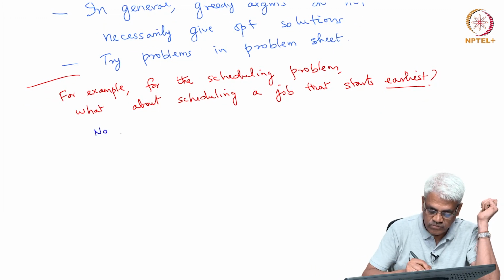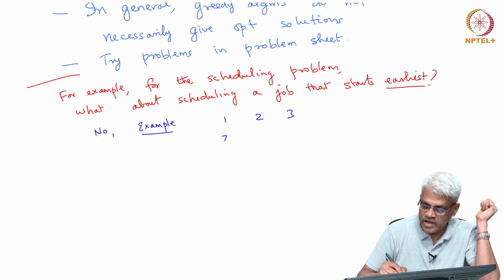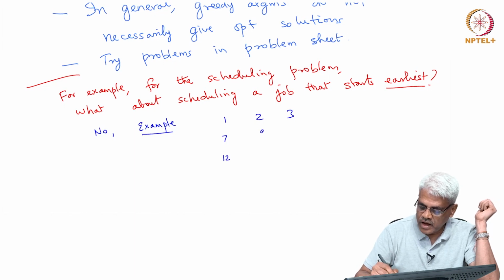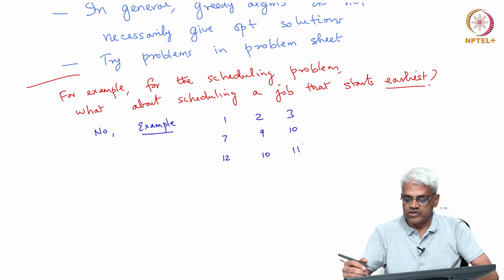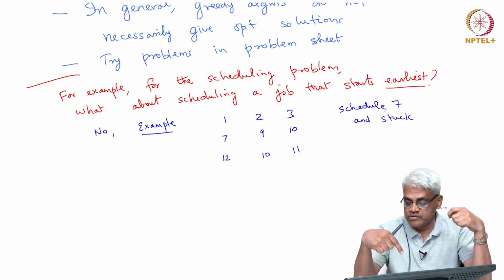Okay. But let's say I have 1, 2, 3 tasks. This starts at 7 a.m. and goes on till 12 noon. This starts at 9, ends at 10. Another starts at 10 and ends at 11. So, you will schedule job 1, because that's the earliest, that starts at 7, and then you are stuck, because you cannot schedule 2 and 3.